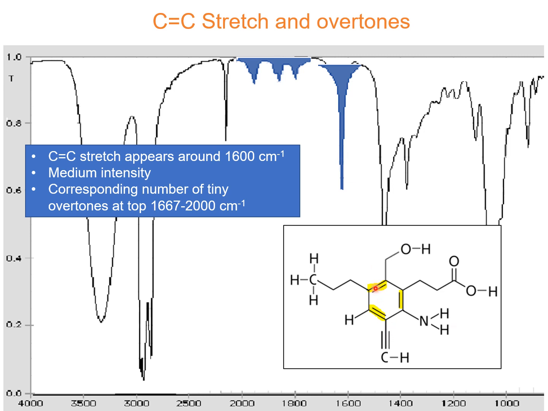Like here we have 3 double bonds, so we have 3 overtones. This is applicable only to simple molecules. If there is an alkene containing only 1 double bond, there will be only 1 overtone.